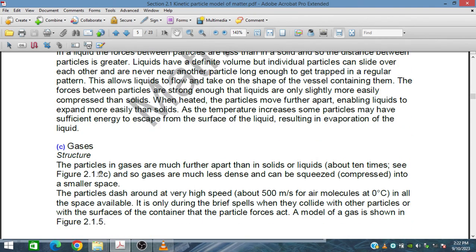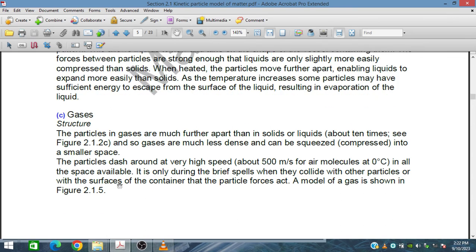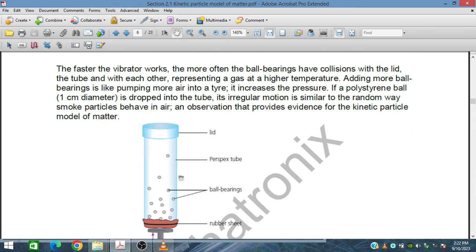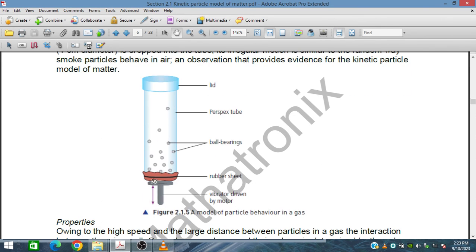In gases, the particles are much further apart than in a solid or liquid. So gases are much less dense and can be squeezed into a smaller space. Here we have particles, balls in a container with the lid covered, and as we increase the temperature, we add more balls by pumping.